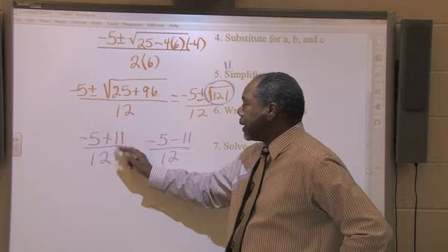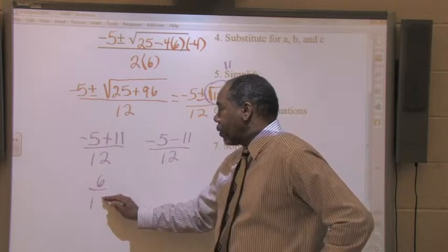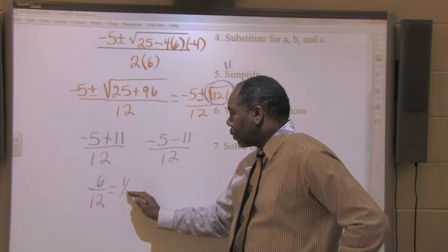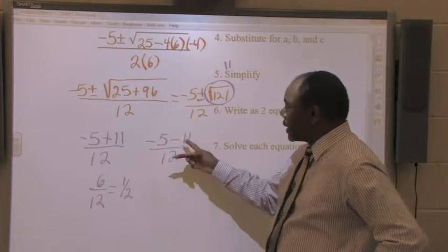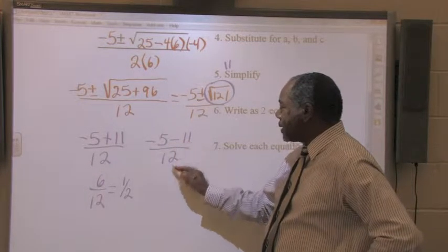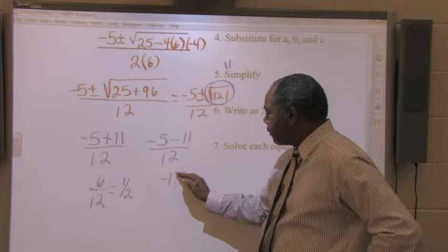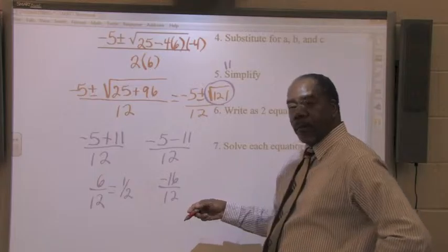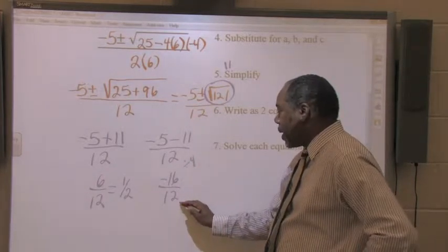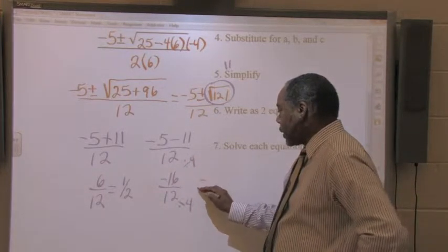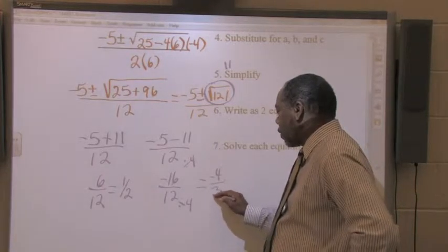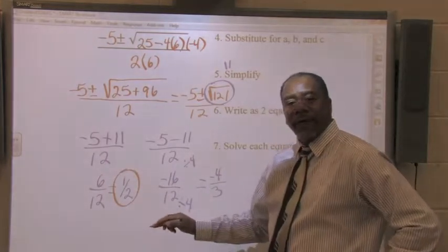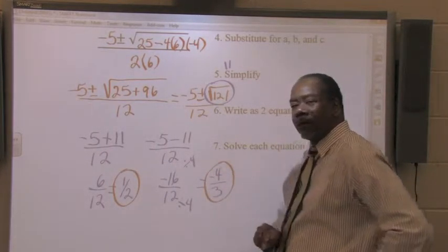Minus 5 plus 11 is 6 over 12. 6 over 12, I can reduce that to 1/2. The second one is minus 5 minus 11, which is negative 16 over 12. 4 can go into both of these. So if I divide them both by 4, I get negative 4 over 3. So my two solutions are 1/2 and negative 4 over 3.